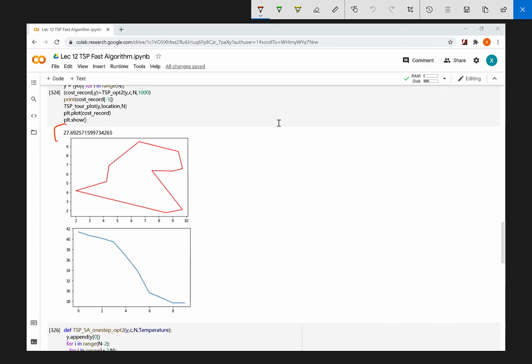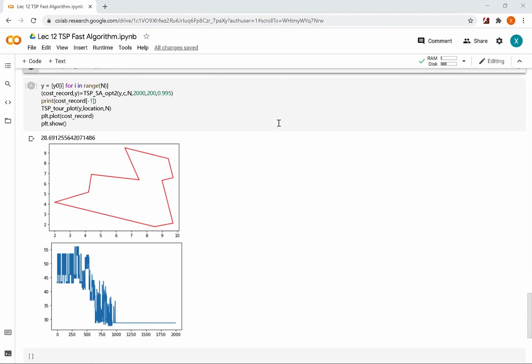If you recall, our previous estimation based on our greedy algorithm is 27.69. That indicates that we may not get a better solution under simulated annealing, because it may jump outside of a local optimum, which may just be trapped in some other local optimum.